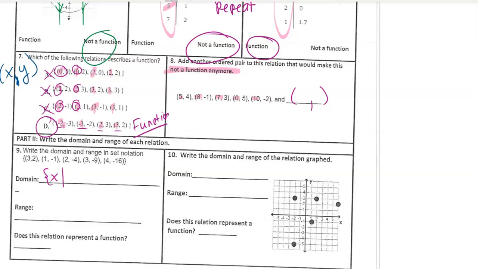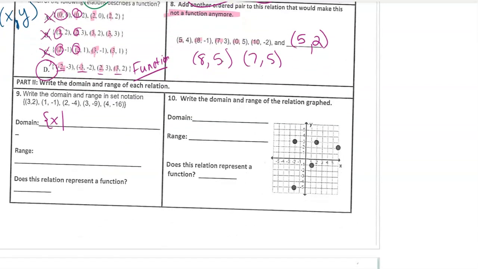So listing any point that starts with any of these numbers would be the way to make this not a function. So we could say 5, 2, we could say 8 something, we could say 7 something. It could be anything. As long as they start with the same x value, it would make this not a function anymore.